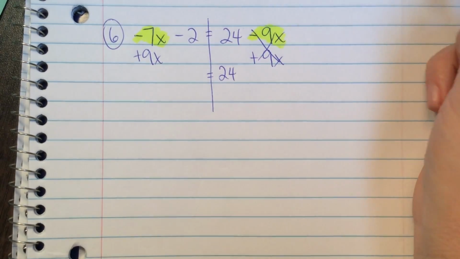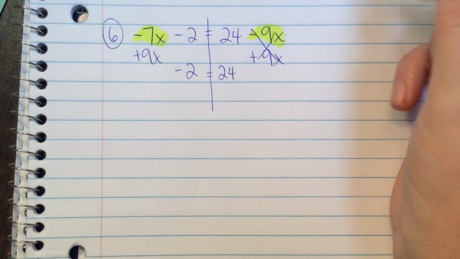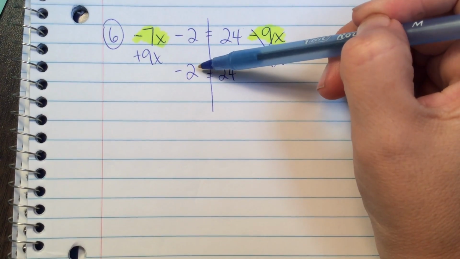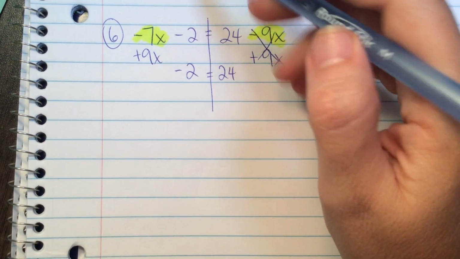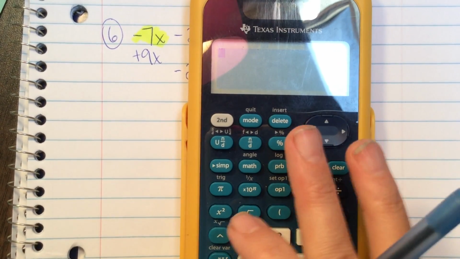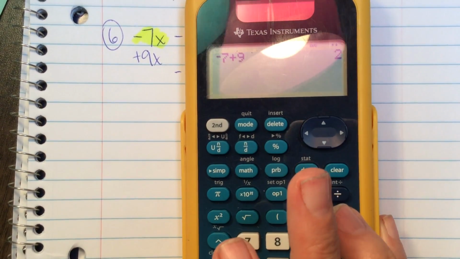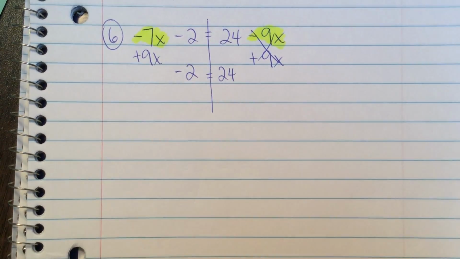So we're going to get 24 left on the right hand side, and minus 2 on the left hand side. And then I have negative 7 plus 9, and that's going to give me positive 2.